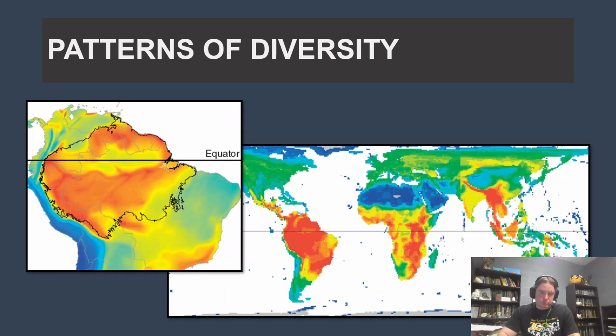But in general, the trend is that as you move away from the equator, overall avian diversity drops. This is true for most higher level animal groups. The tropics are the highest regions of diversity.